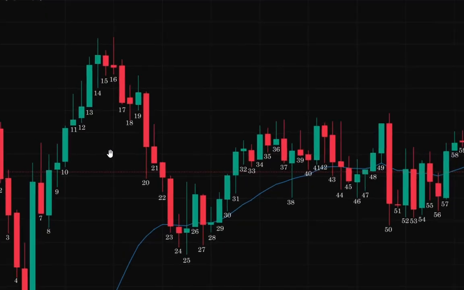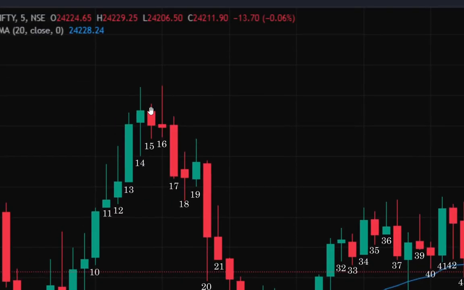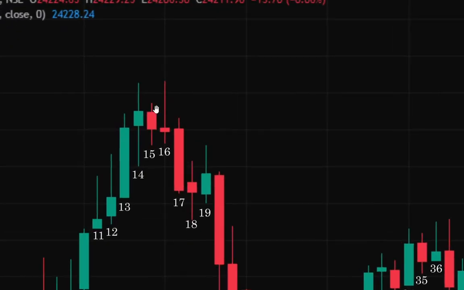Now our system says that we should buy an H1 or buy on H2, high 2 setups. Considering this as the high 1, and this is a red bar, it is not recommended to take a trade above a red bar.